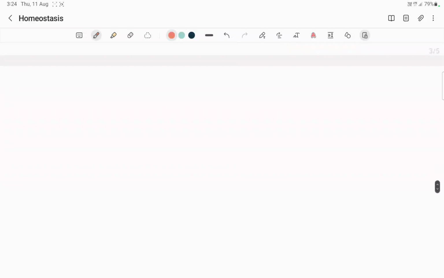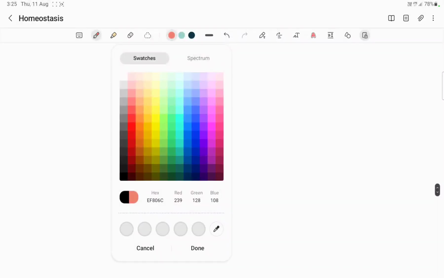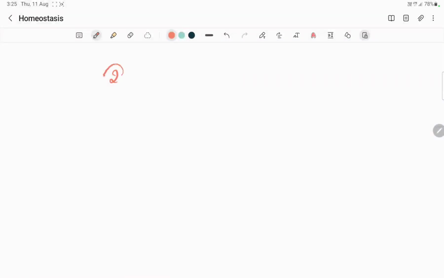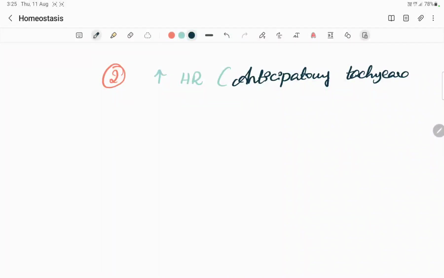Second one, we'll see another example for feed forward control. Thinking of doing exercise. So when someone thinks of doing exercise, there's an increase in the heart rate, which is called anticipatory tachycardia.